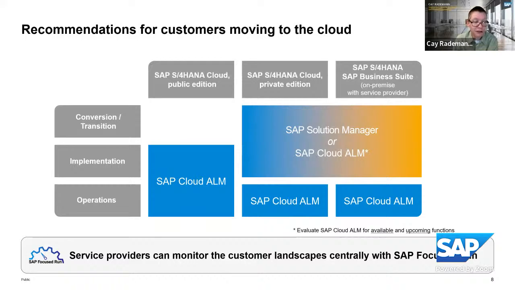This is because SAP S/4HANA Cloud provides some functionality like the test automation tool, like the continuous business configuration, which are directly used by SAP Cloud ALM, and therefore for these customers, our recommendation is to take a look at SAP Cloud ALM first.